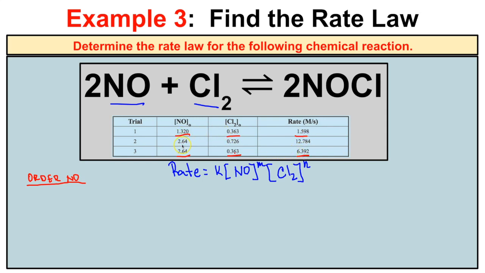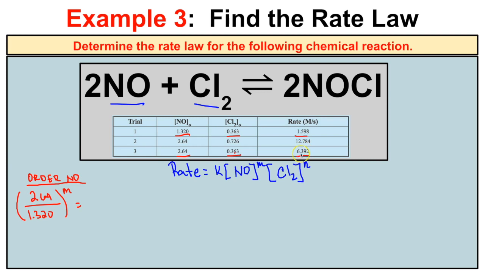What we'll do here is take the higher concentration of NO, which is 2.64, and divide this by the lower concentration of NO, which is 1.320. We're going to raise this to the power of m, and we're going to compare it to the rates.